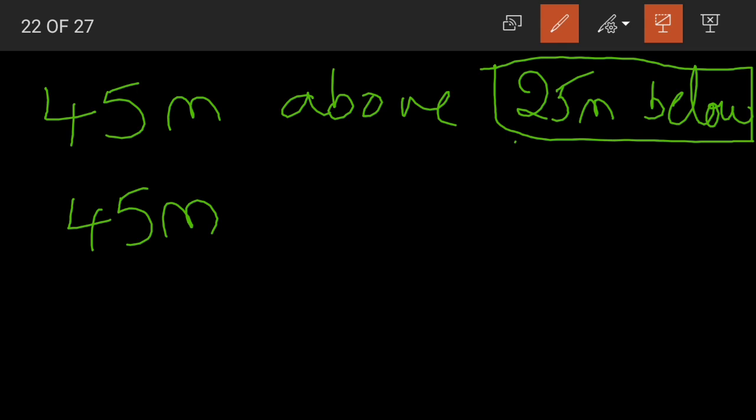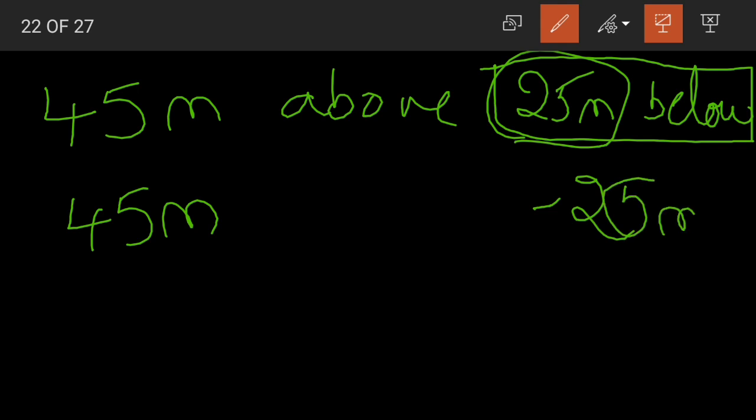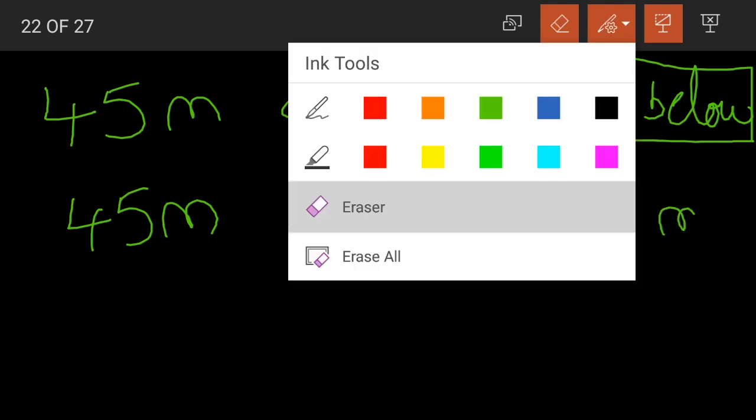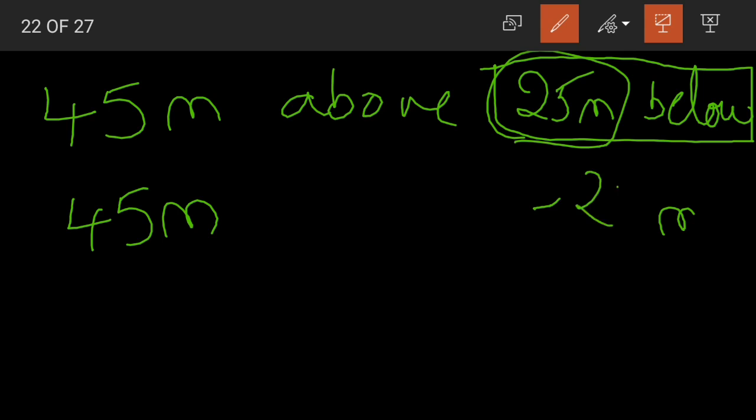Like when we go in an elevator or a lift, the floor below the ground floor, which is our basement or the parking area, is called minus 1. One floor below the ground level is called minus 1. In the same way, this is 25 meters below the sea level, so it will be represented as minus 25 meters.